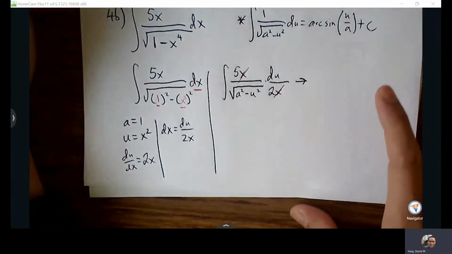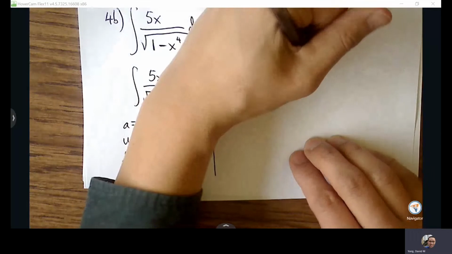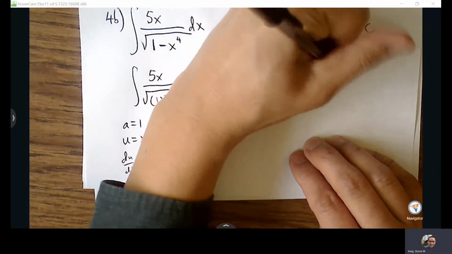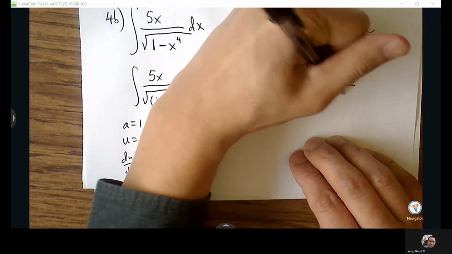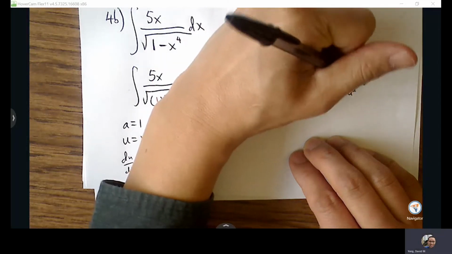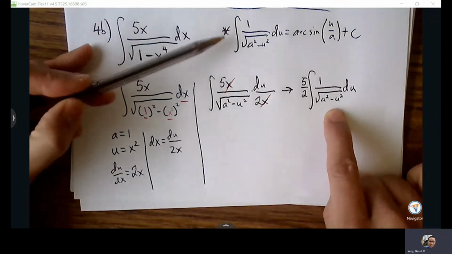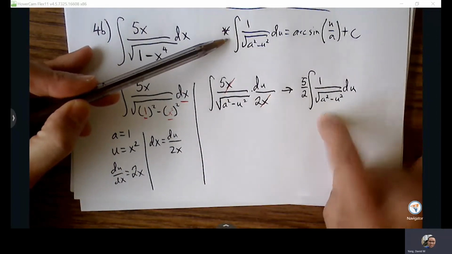Put that 5 and 2 outside, right? If you look, perfect match with the rule that we want to use.